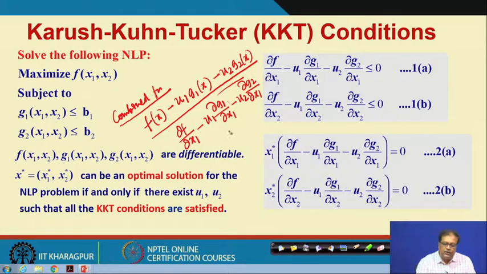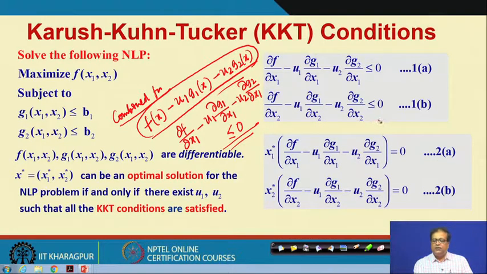So, that should be less than or equal to 0; that is the first condition. Similarly, the second condition is again the differentiation of the combined function: del f del x2 minus u1 del g1 del x2 minus u2 del g2 del x2 less than or equal to 0. So, that is the second condition, first part.